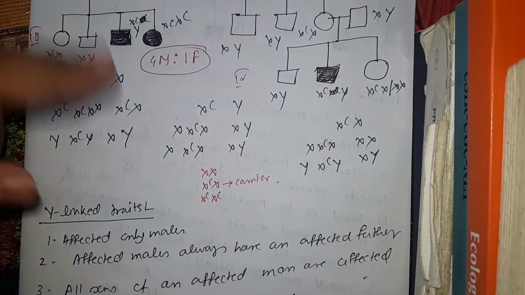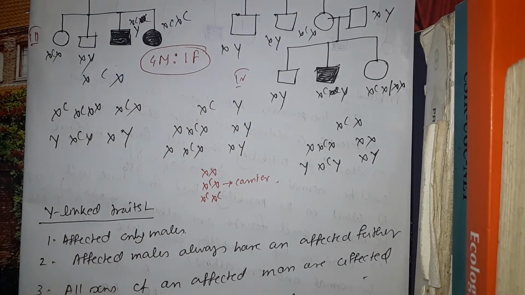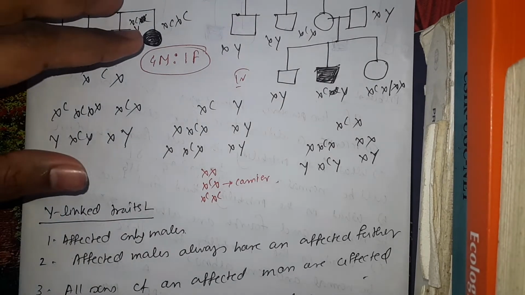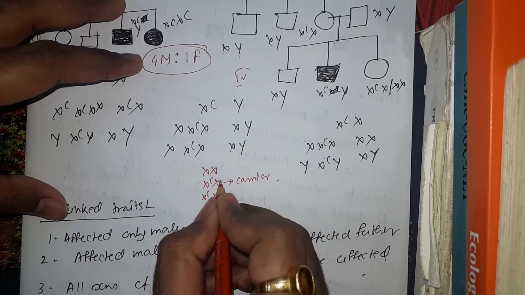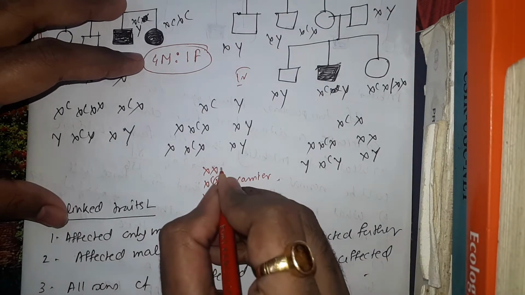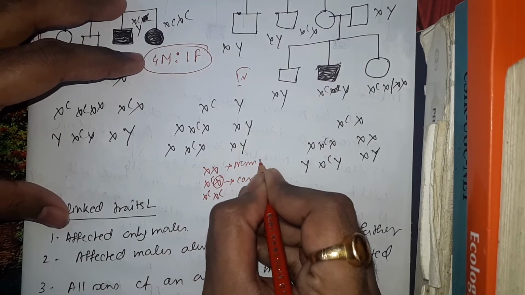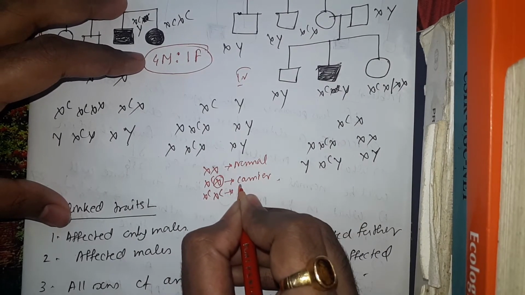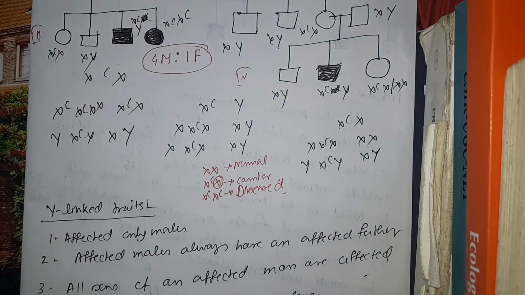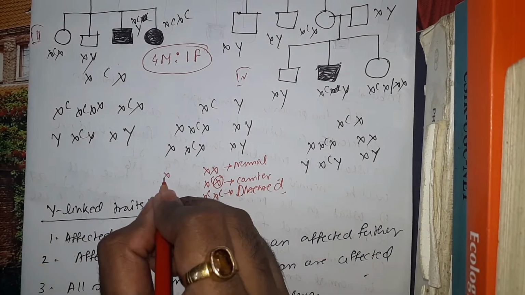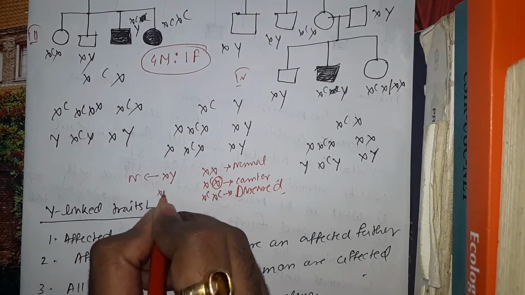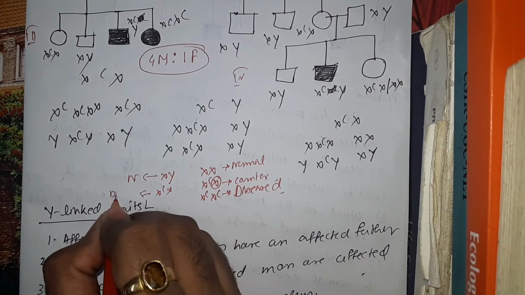That means this individual will not show the phenotype, but it has the gene that has the ability to cause disease. But the expression of this disease gene is masked by the presence of the dominant type. So this will be the necessary genotype, and for males this is the normal, and this is the diseased.